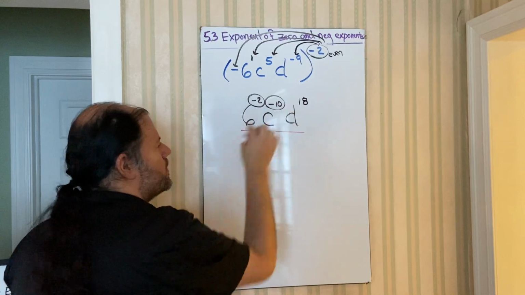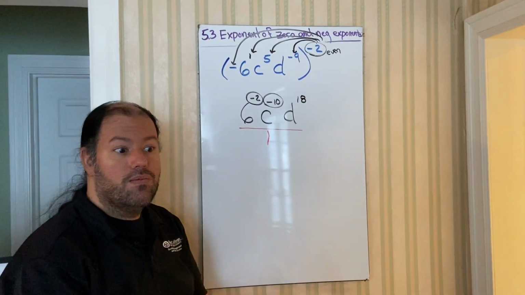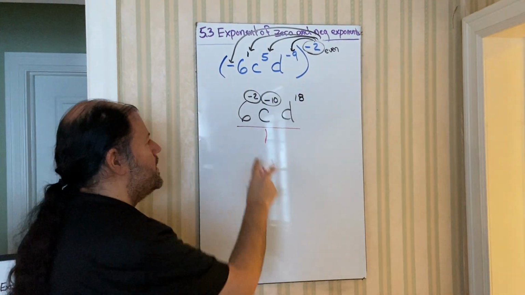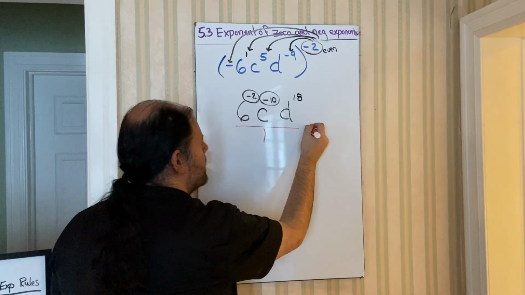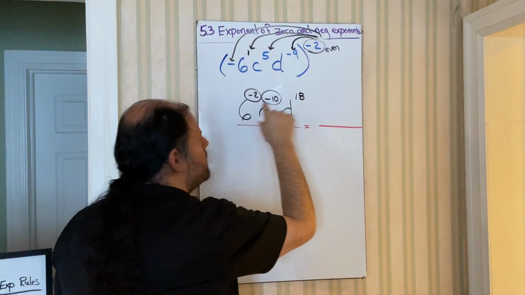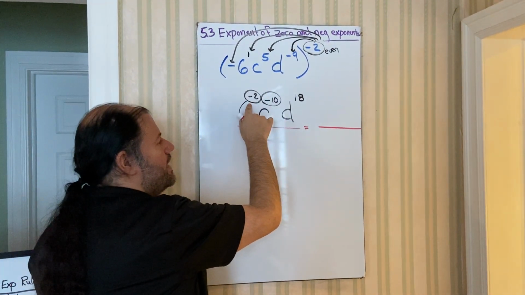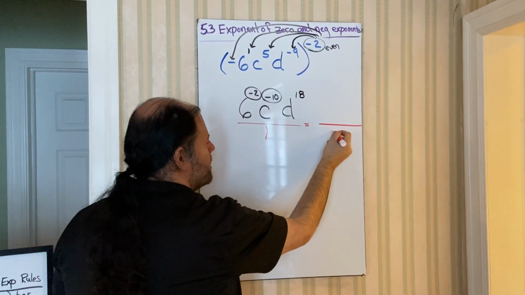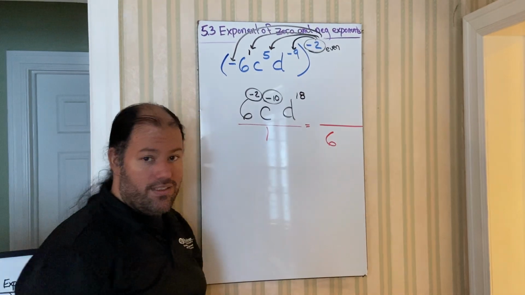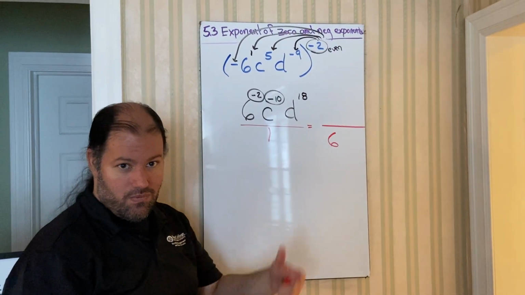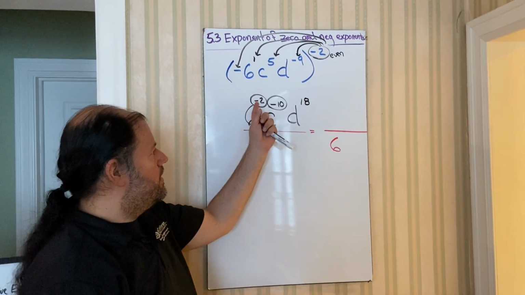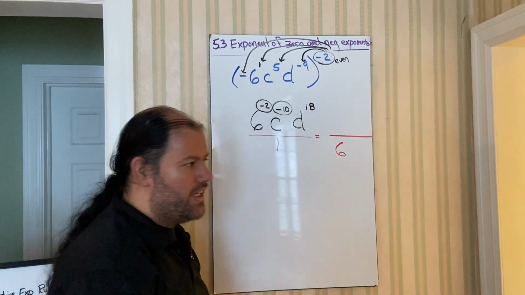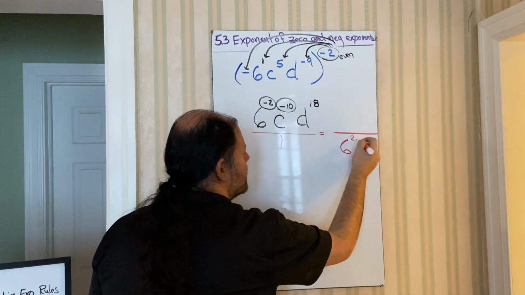We know these two are circled. So let's rewrite the problem by moving these two bases. You know that this 6 cannot stay on top because it was circled. So this base needs to go to the bottom. When you move the base to the bottom, we told you, once you switch the position, this will drop off to become the opposite, a positive 2.